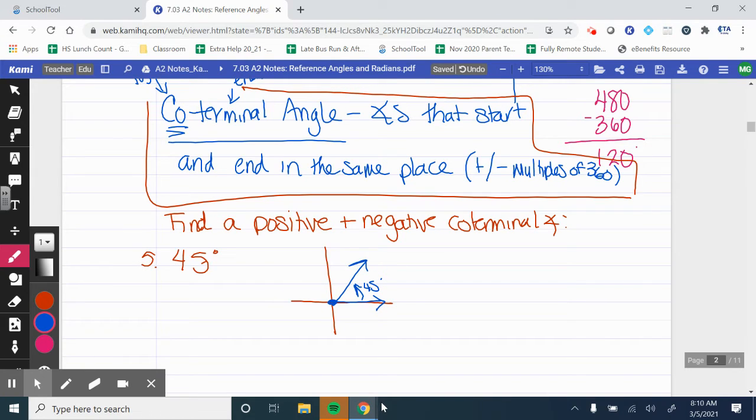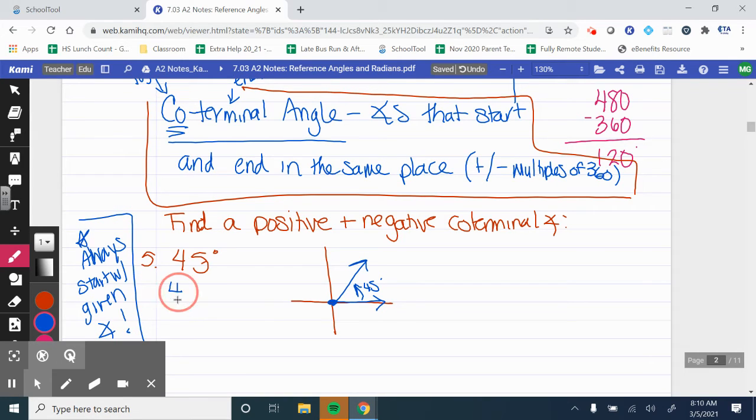You always want to start with the given angle. So you don't want to do 360 plus, 360 minus. Obviously, plus will still work, but I want you to get in the habit of doing the angle first.